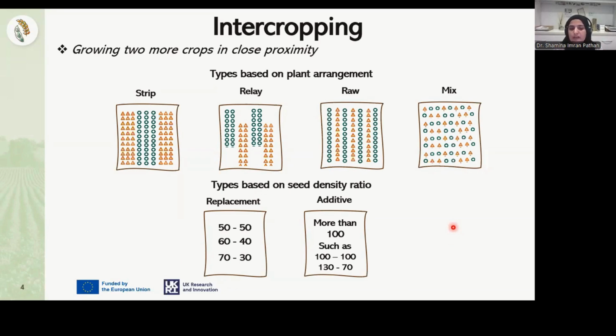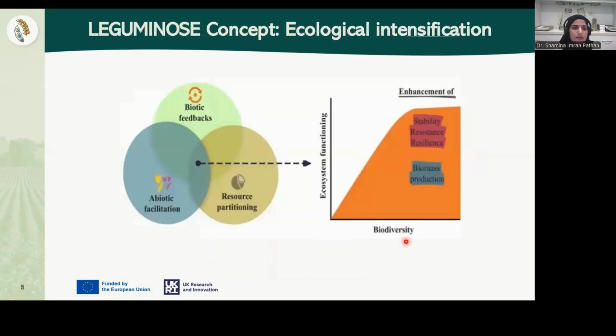It can be 100% of legume and 100% of cereal, or it can be 100% of cereal and 50% of legume. It depends on how the farmer would like to go with this. So these are the different kinds of intercropping.